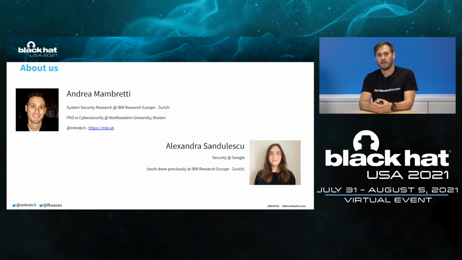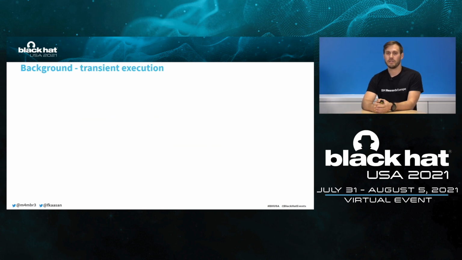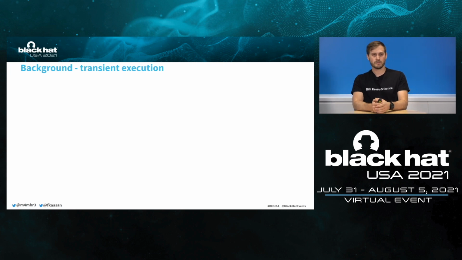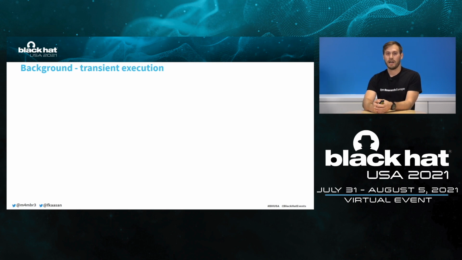Before going into the technical details of our talk, we need to look at what transient execution is. Transient execution is a type of execution that happens in modern CPUs that are highly optimized.